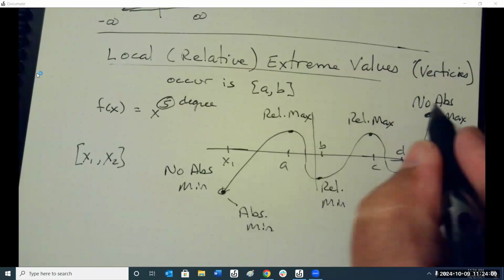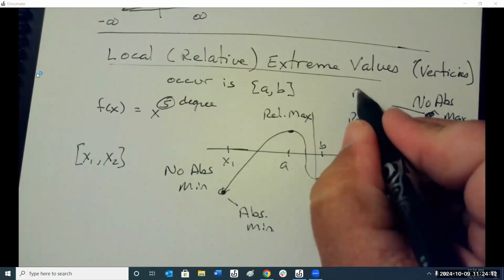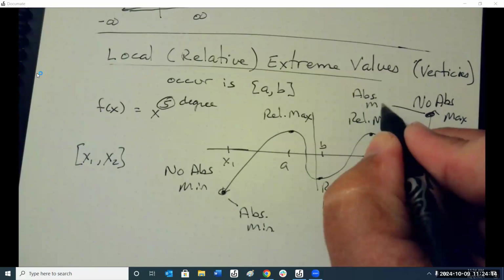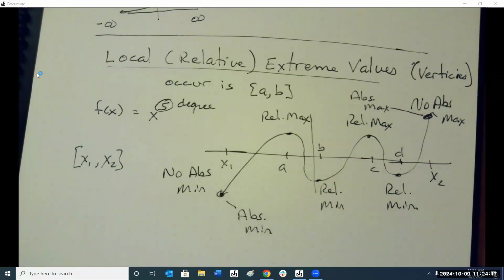And since this one's the highest of everybody else, now it's the absolute max because we now have a closed interval.